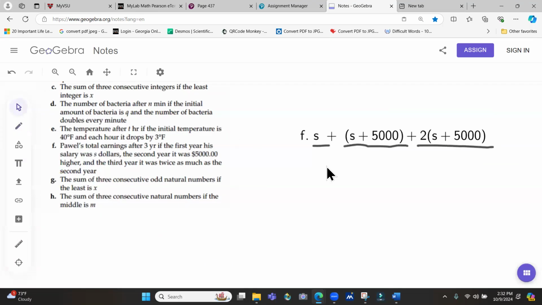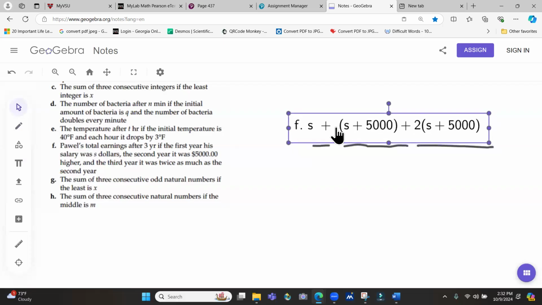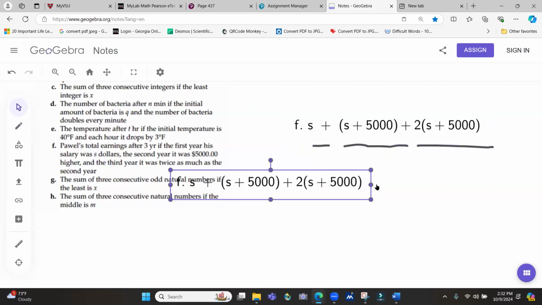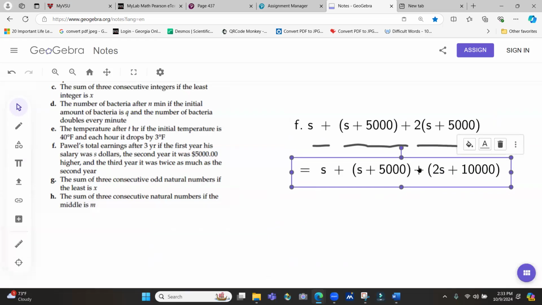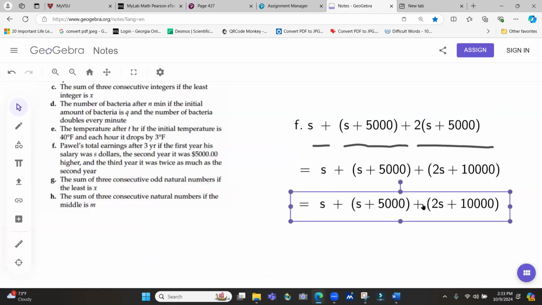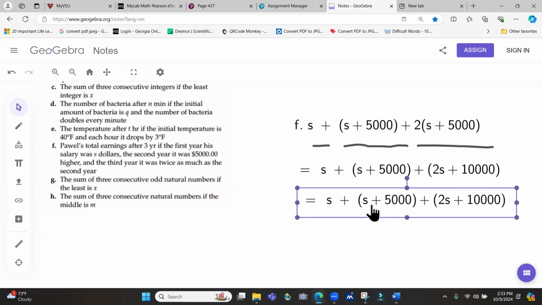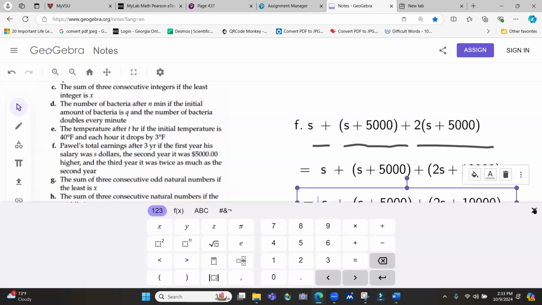All I have to do now is simplify. So this is going to be, I distribute 2 over. It's one way to do it. S plus 2S is 4S.